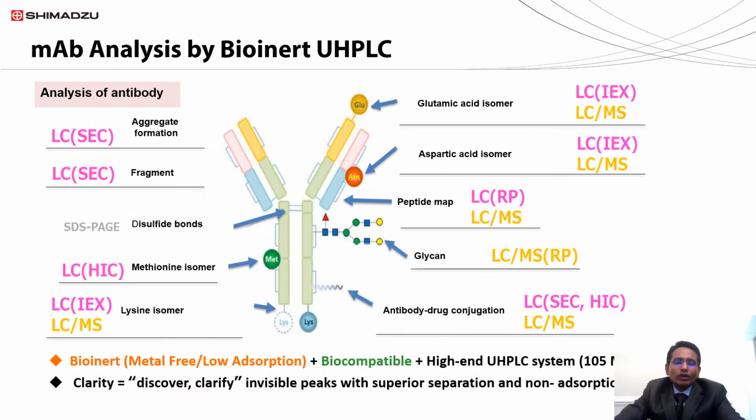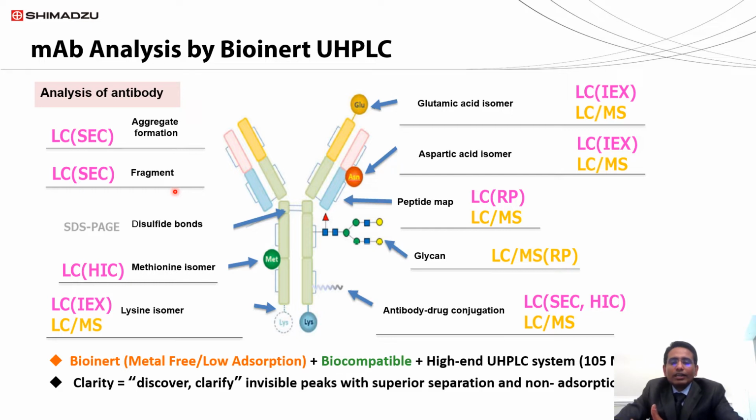Now I am going to talk a little bit about mAb analysis by bioinert UHPLC. By bioinert, we can do a variety of analyses like LC, then aggregate analysis, fragment analysis, disulfide bond, methionine isomers, lysine isomers, and then glutamic acid, aspartic acid, peptide map using LCMS, and then glycan analysis using LC or LCMS.